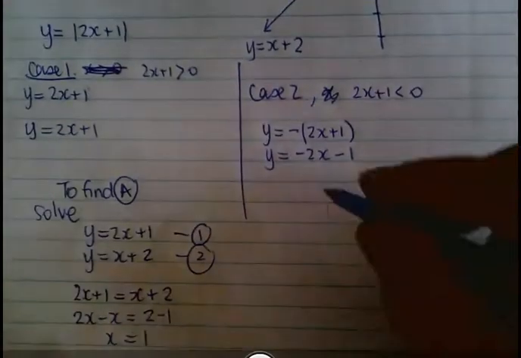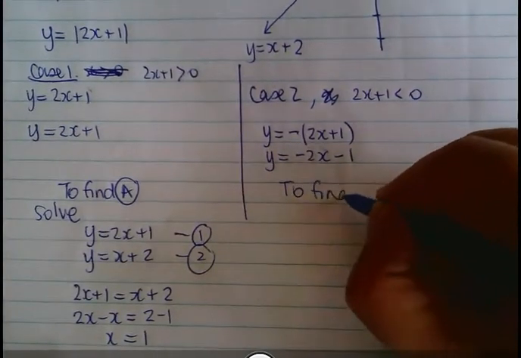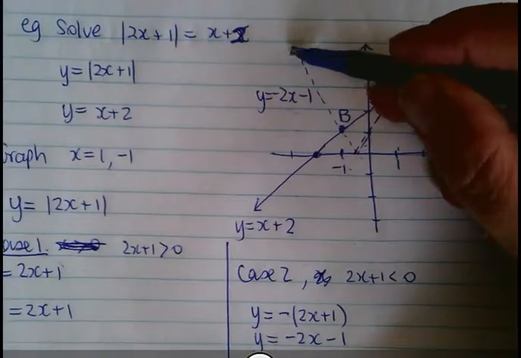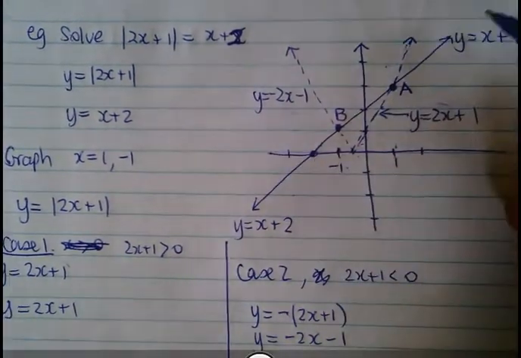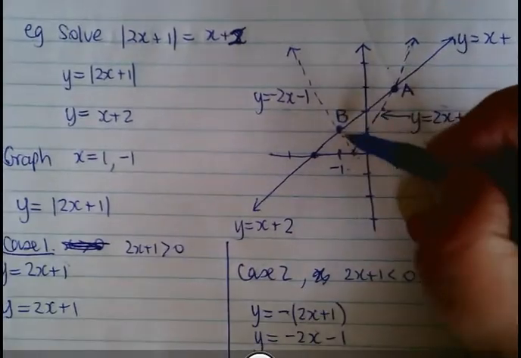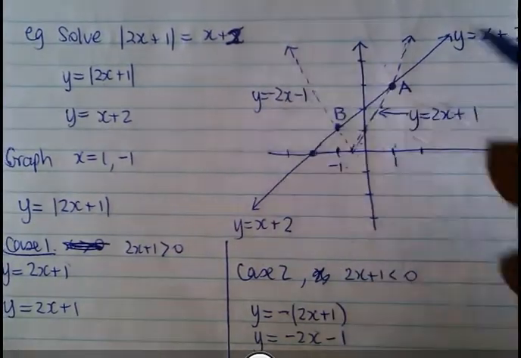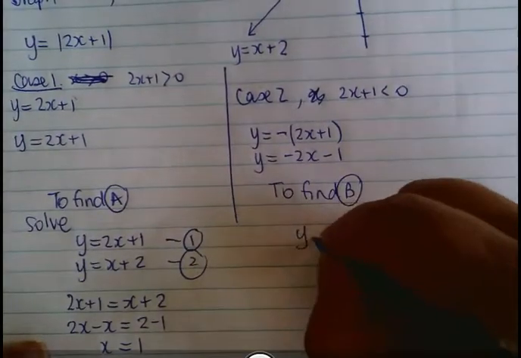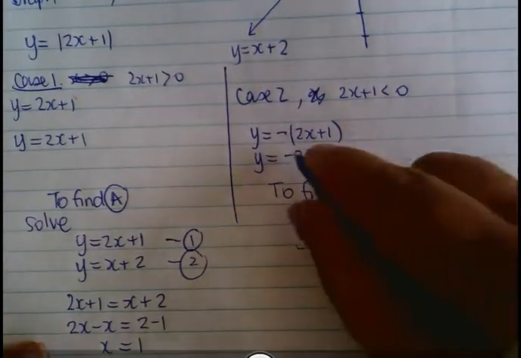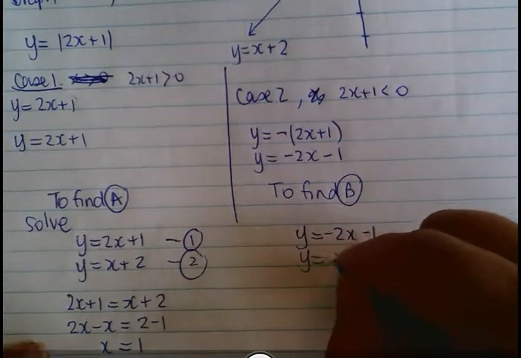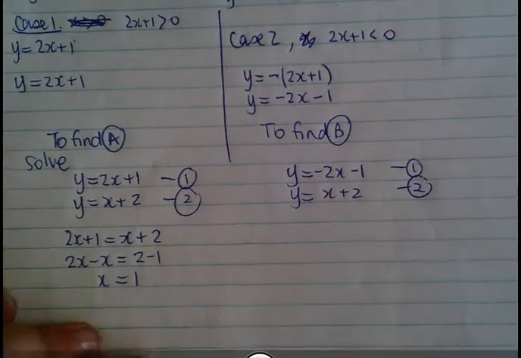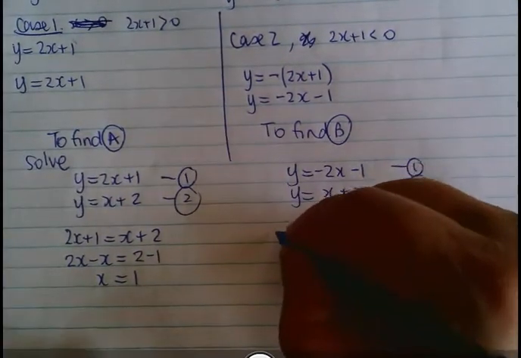Now, to find the x-coordinate of B, B is the intersection of this dotted line with the straight line. This dotted line is y equals negative 2x minus 1, and the straight line is y equals x plus 2. So I solve y equals negative 2x minus 1 with y equals x plus 2. Because they're both in the format y equals, I can just put them equal to each other.